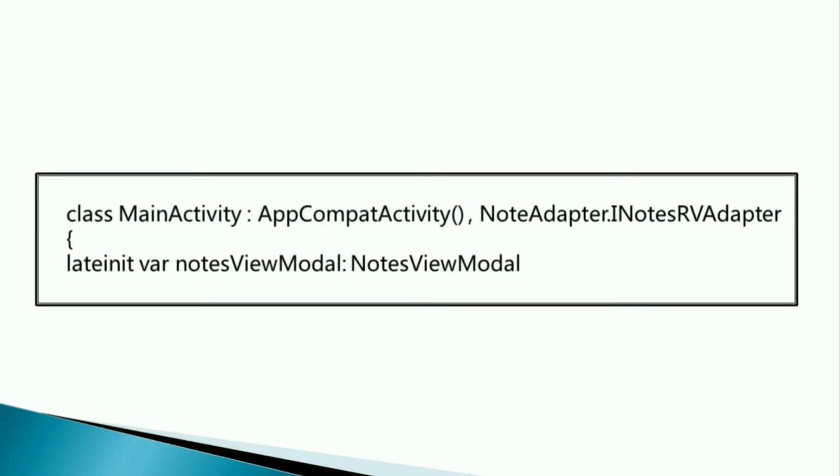We should be sure that lateInit variable will be initialized before using it, else we will get exception. Please note that lateInit is allowed for non-primitive data types such as string, arrays, and classes.